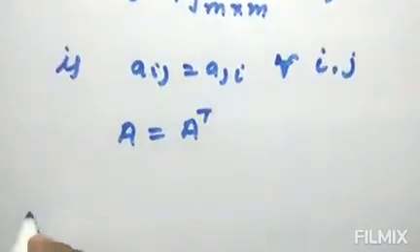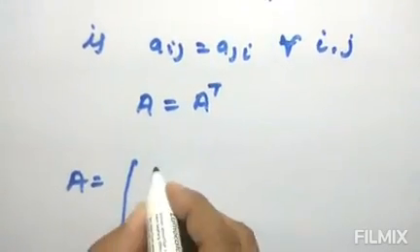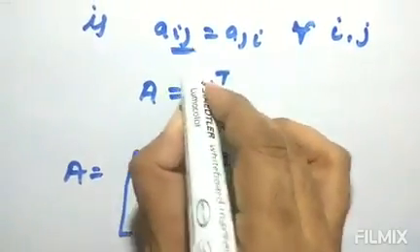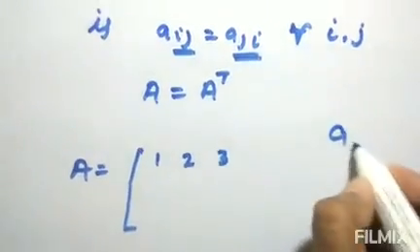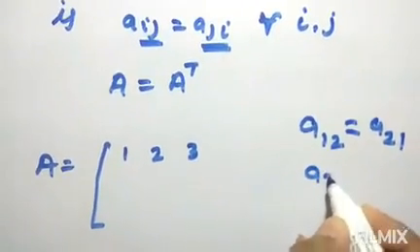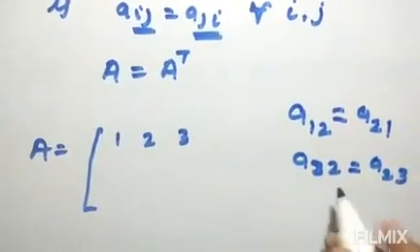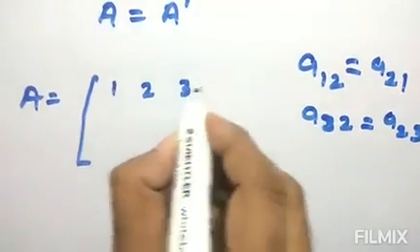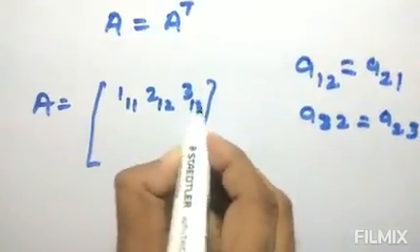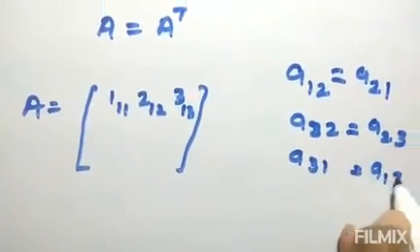So in this case, suppose we take an example. Suppose A equals to 1 2 3. In this case Aij equals to Aji, means A12 equals to A21, A32 equals to A23, and A31 equals to A13.